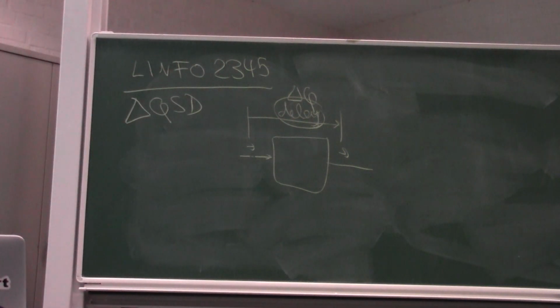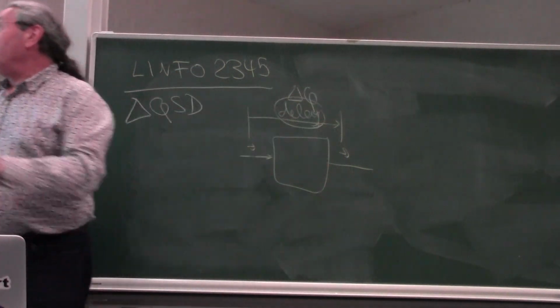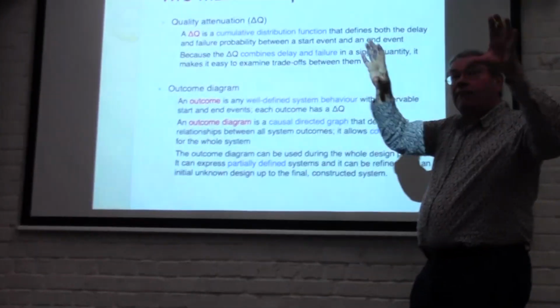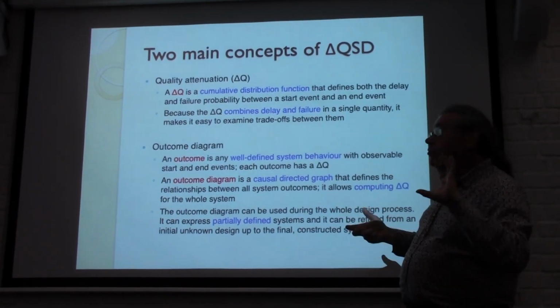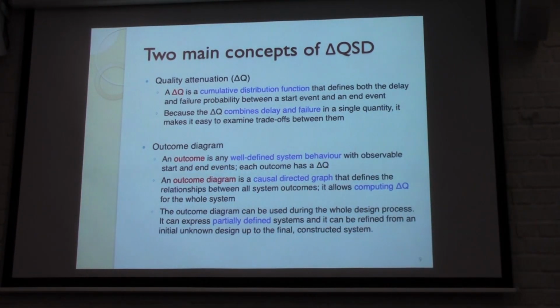But if you have a whole system, you have many of these boxes connected together. And in order to do that, you have what's called an outcome diagram. So it's a graph. It's related to causality. It's a graph that shows the relationships between all the outcomes. An outcome is just the behavior of one of the blocks.